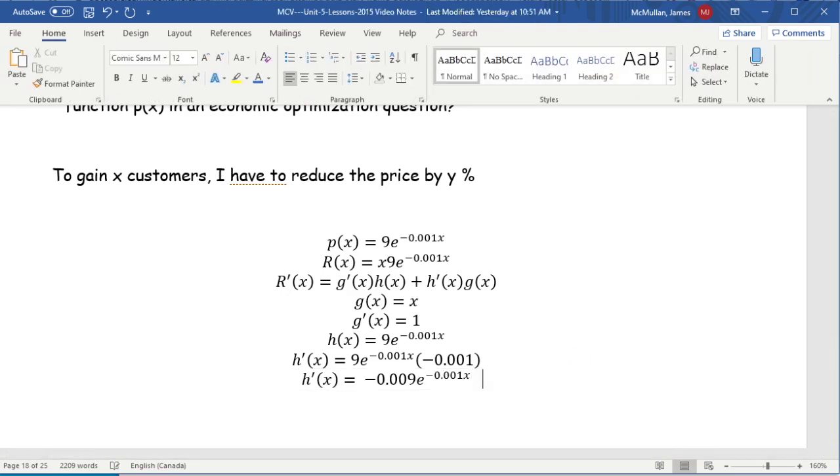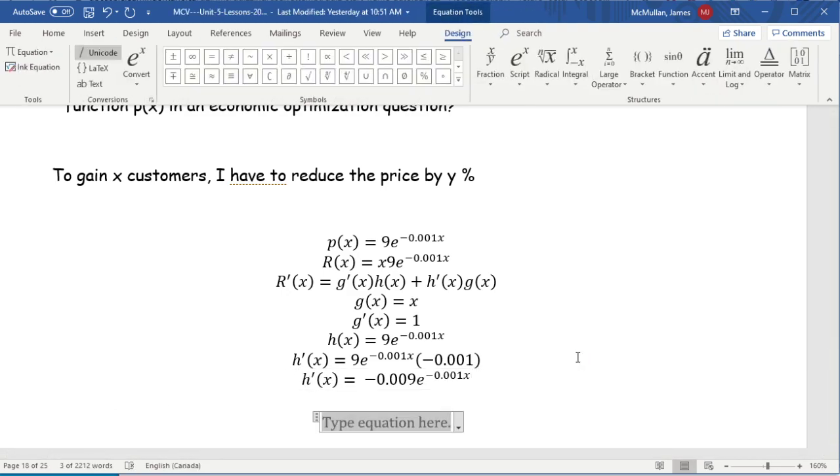Okay, so let's do the product rule now. The derivative of the revenue is equal to g prime, which is a 1, times h, which is 9e to the negative 0.001x. And then plus h prime, which is negative, so let's change it to minus, 0.009e to the power of negative 0.001x.